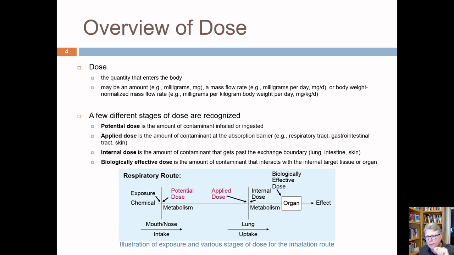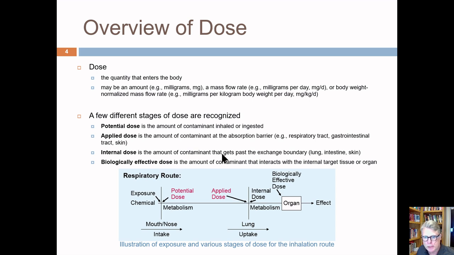Well, only the bottom of that layer is actually in contact with the skin. So the potential dose could be all of the lead in the soil that's on the body, caked onto the body. But the applied dose would just be that bottommost portion of that layer of mud that contains the lead that's actually in contact with the skin. So that's a couple examples of the distinction between applied dose and potential dose.